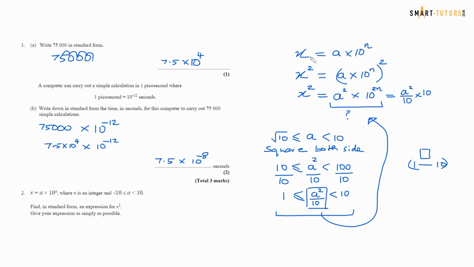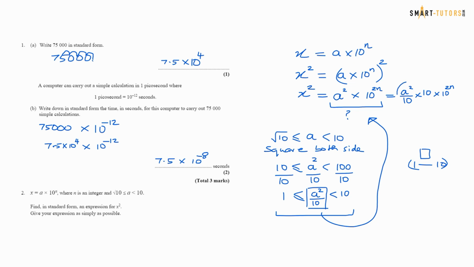The 10 and 10 cancel. So a squared times 10 to the power 2n is there, and the ultimate answer is that the 10 and 10 cancel. It's the same expression reproduced in a different format.